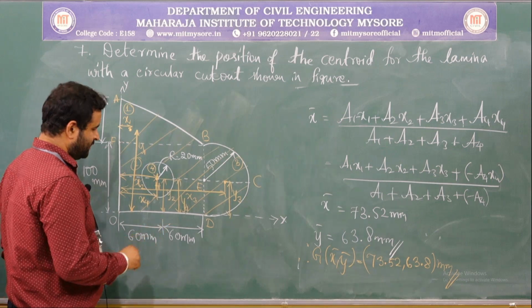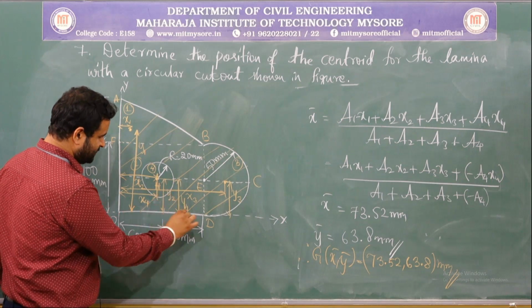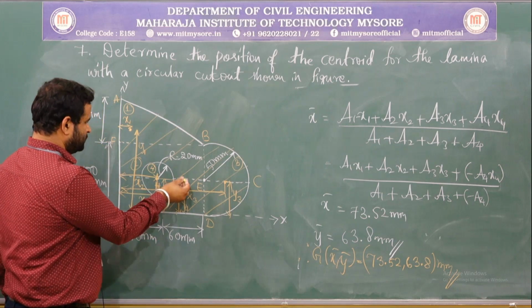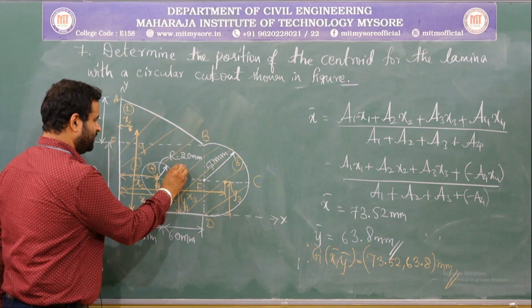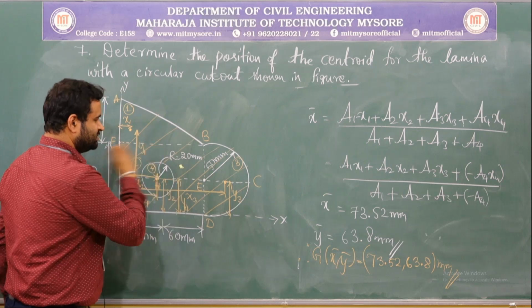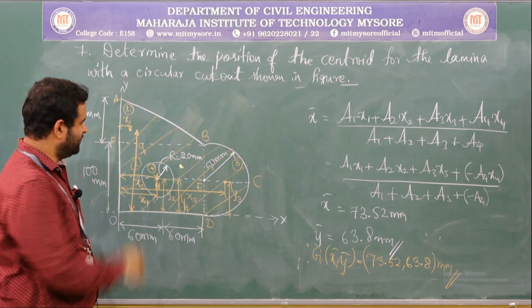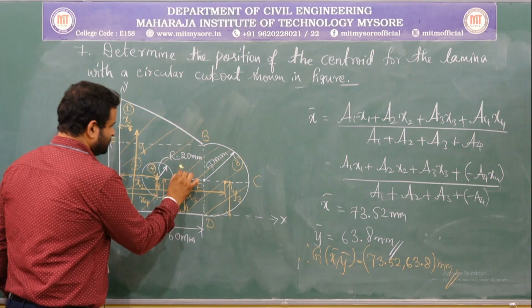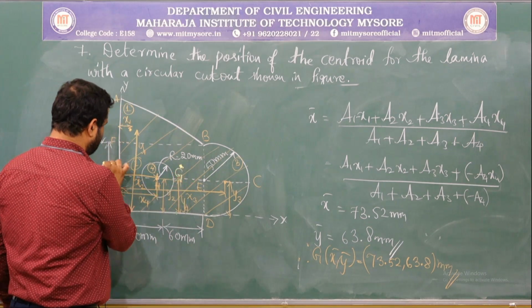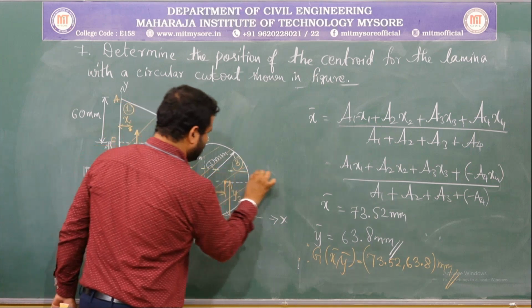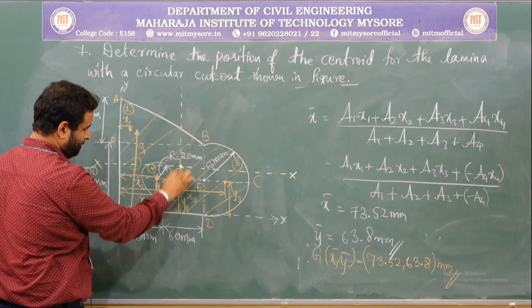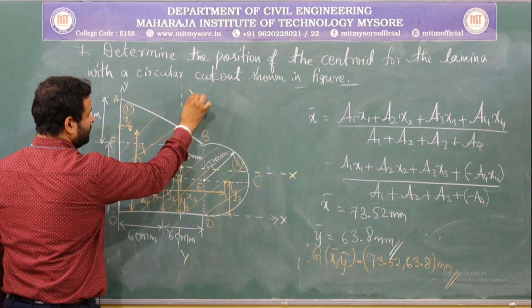So, x is 73.52. So, it is 60, 73 somewhere lies here and 63.8. So, this is 50, 63.8 somewhere here. So, this is the centroid of the entire lamina including this cutout section. So, this is our G. Let me draw the centroidal axis XX and YY.